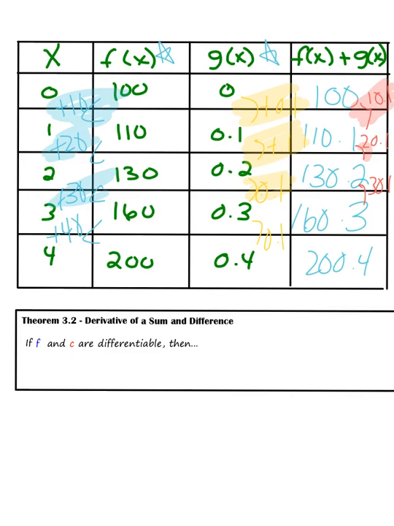So we'll move to our general formula, and you just need to fix a typo in your notes here. This should say if f and g are differentiable functions, then what we can say is if we were looking for the derivative of two functions added together, or in other words, the derivative of the sum of two functions with respect to a common input x, what we could just do is find the derivatives independently and add them together.